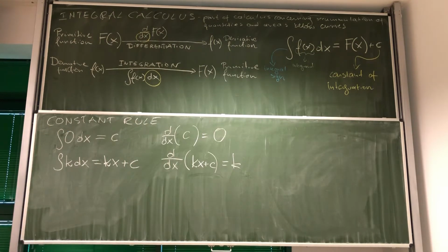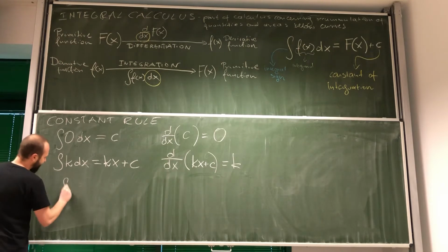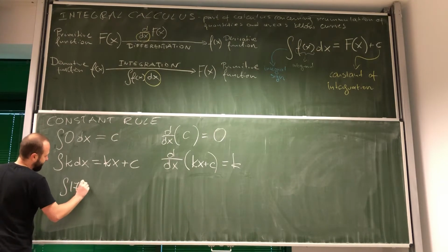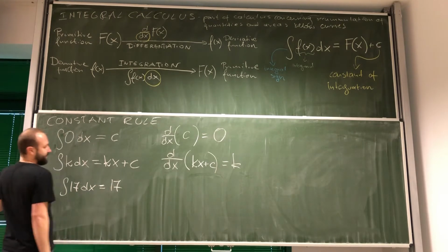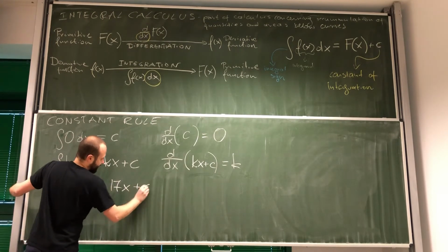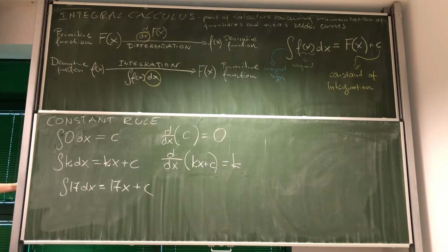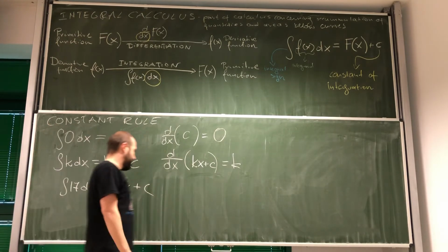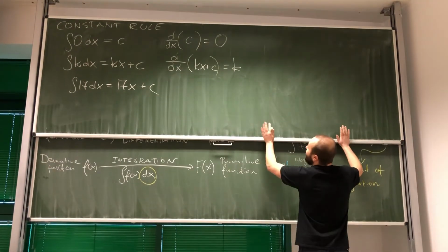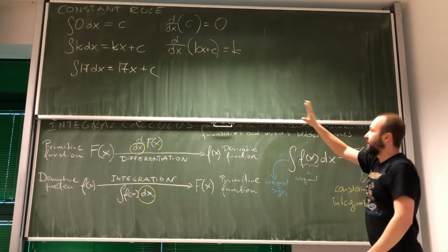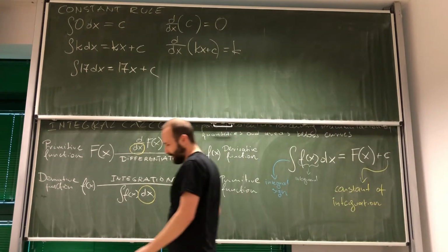So look, now if we have to integrate any number like 17, we will get that this is simply 17x plus c. Okay, look, from this moment on, I will be interested only in the expressions with x.